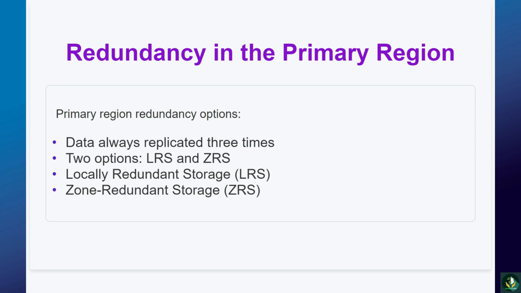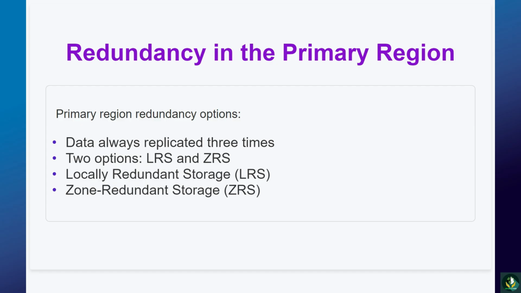Let's focus on locally redundant storage, or LRS. This option replicates your data 3 times, but with a twist. All 3 copies are stored within a single data center in the primary region. This approach offers an impressive durability rate, ensuring at least 11 nines of durability.